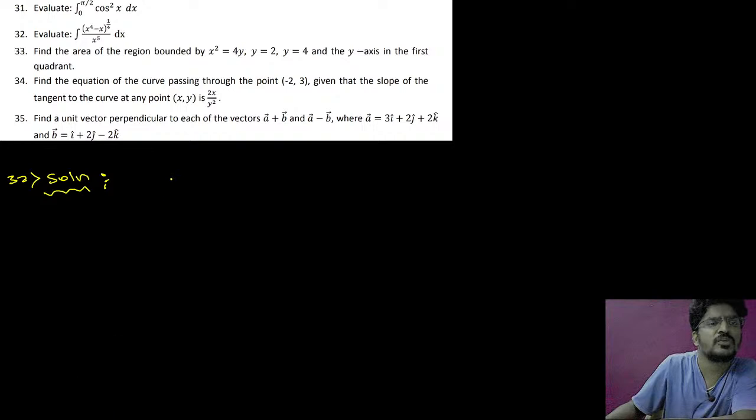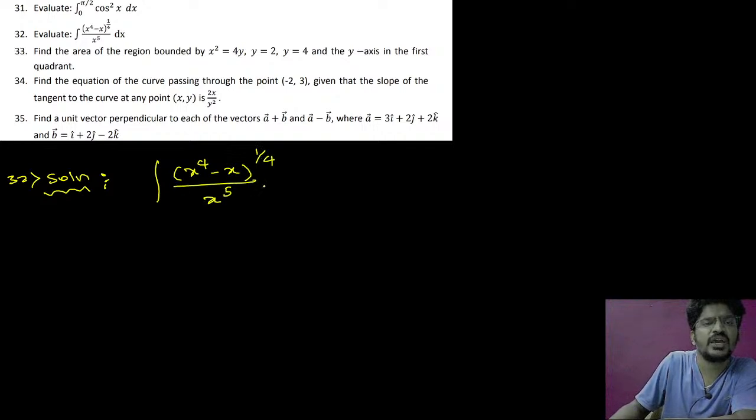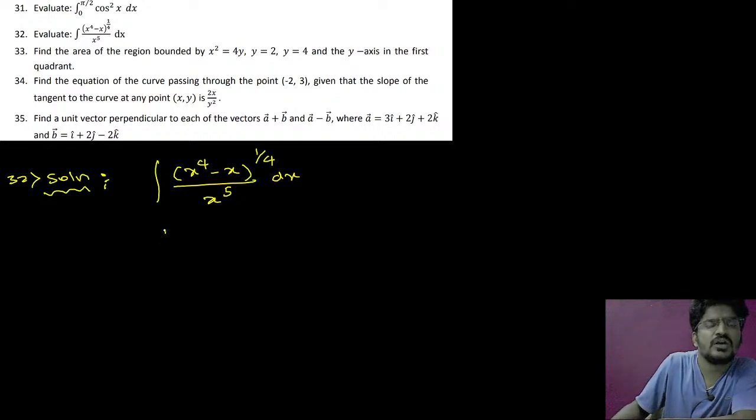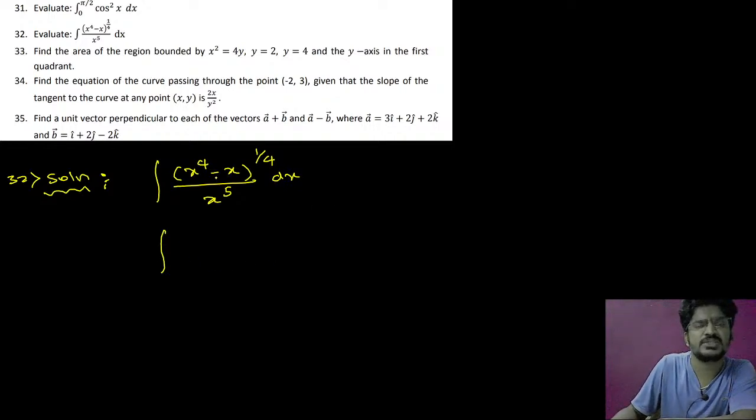So now we can go for problem number 32, that is integration of x to the power of 4 minus x, whole to the power of 1 by 4, divided by x raised to 5 with respect to dx. Now as I explained in the previous paper, take x to the power of 4 common. If you take x to the power of 4 out of the bracket, you have 1 by 4 here. This is 4th root. 4 will get cancelled.